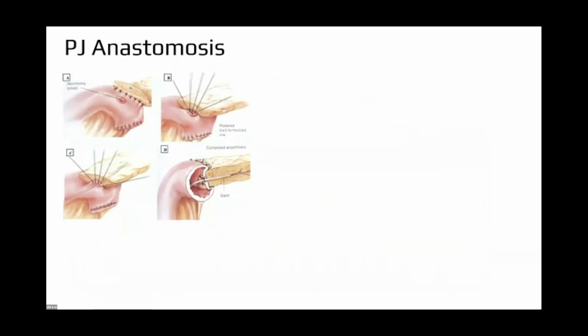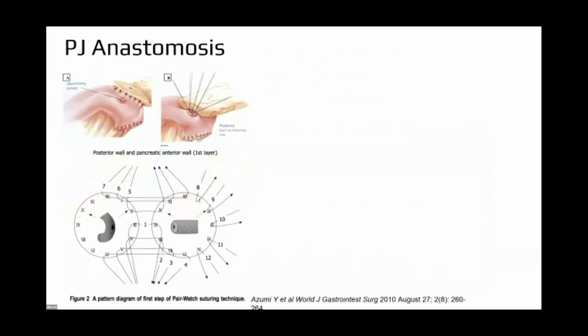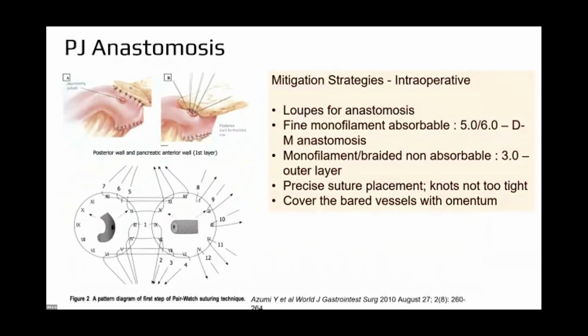And this is the kind of anastomosis which most people do, pancreaticojejunostomy, duct to mucosa, a meticulous suturing using the parachute suturing technique. Most of them for small ducts would use loops, monofilament sutures. I'm sure all of the great pancreatic surgeons sitting there adopt this precise suture placement, knots not too tight.